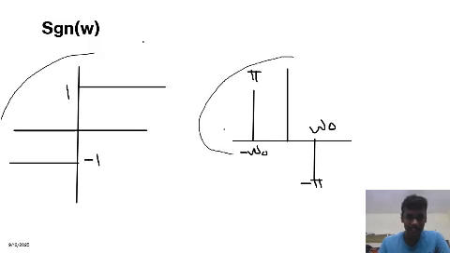As we can see, we know the graph of signum is at -1 for negative values and +1 for positive values, and this is the graph of the sine transform, that is minus j pi of delta of omega plus omega naught minus delta of omega minus omega naught, with amplitude pi and minus pi.